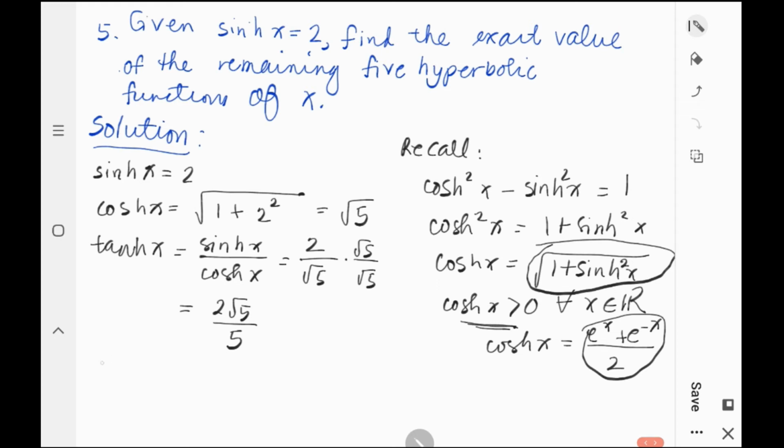Now, how about the hyperbolic cotangent of x? This is equal to the ratio between the hyperbolic cosine of x and hyperbolic sine of x. This is square root of 5 over 2. Okay, so how about the hyperbolic secant?